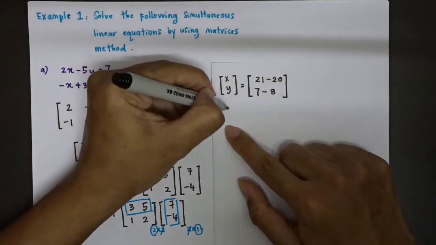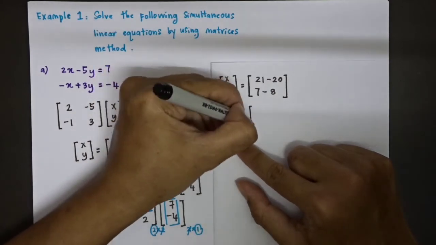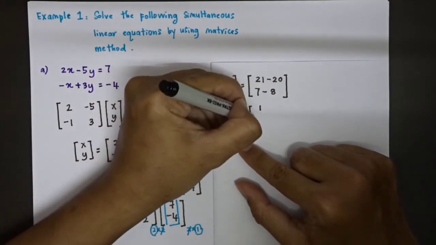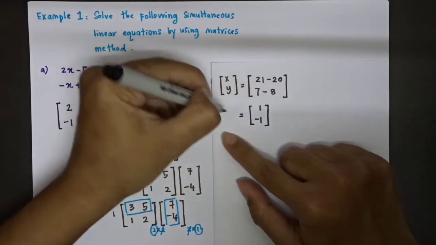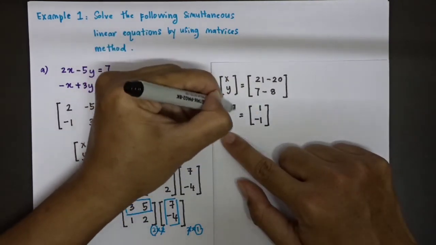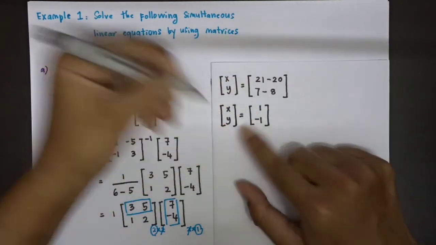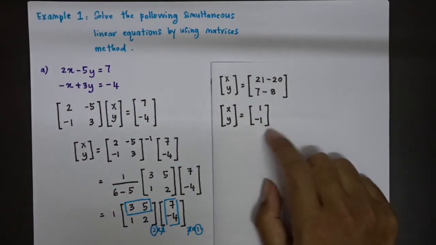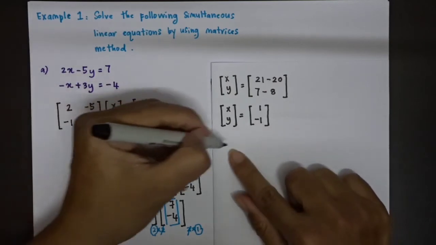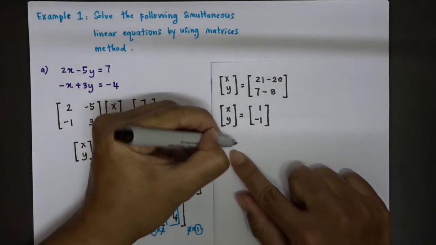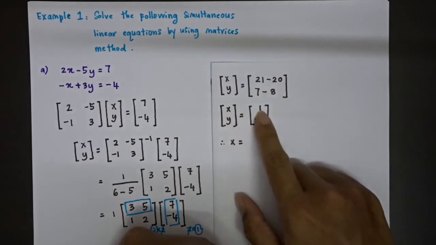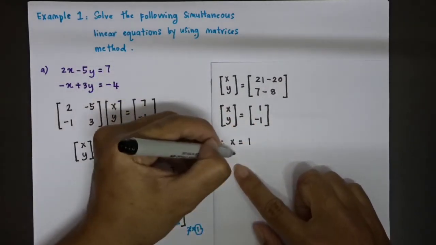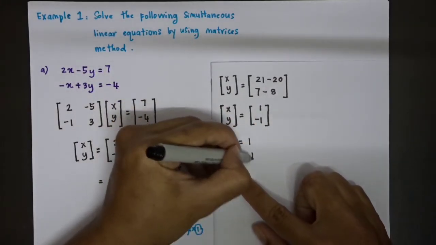So you will have 1, negative 1. So matrix xy equals 1, negative 1. However, you should not leave your answer in this form. You have to conclude that x actually equals 1 and y equals negative 1.